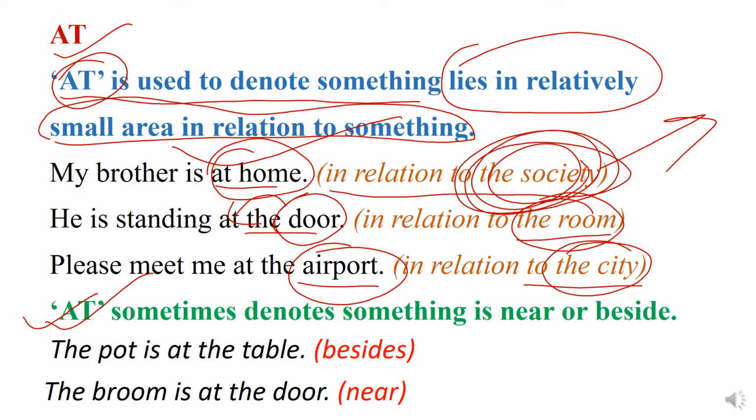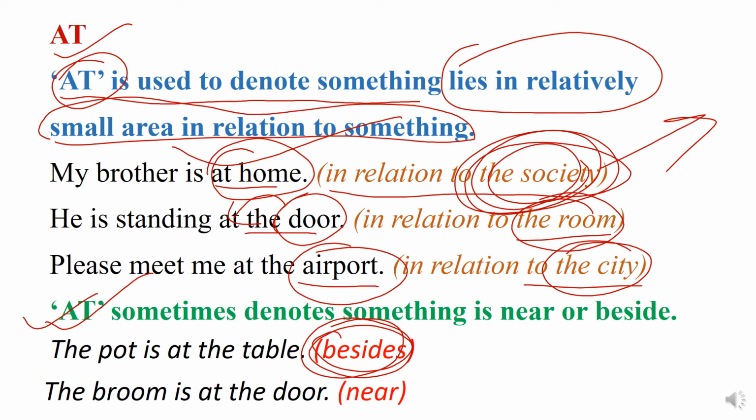We can use at to mean something that is near to us, something that is beside us. For example, the pot is at the table. That means beside the table. In place of that, you can say the pot is at the table. Or the broom is at the door, near the door.